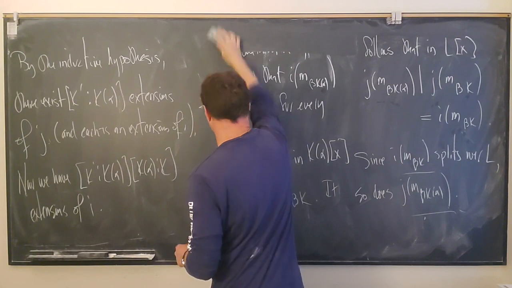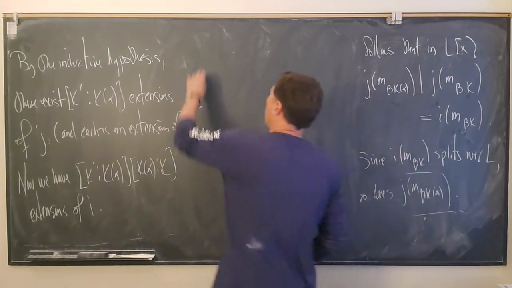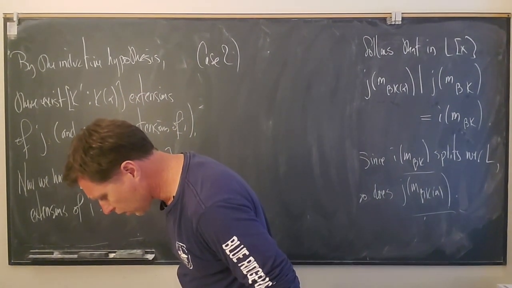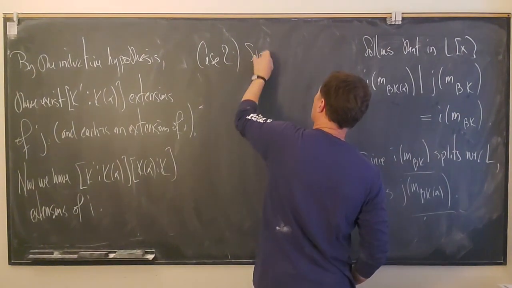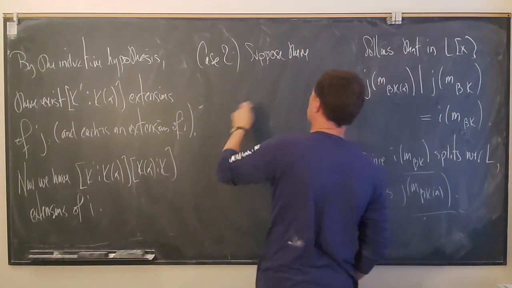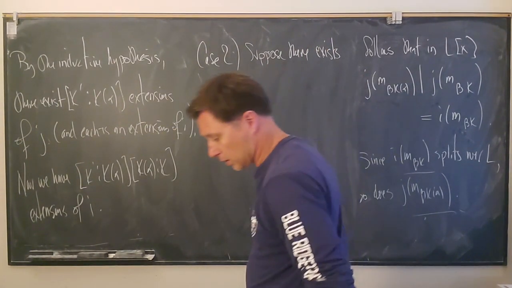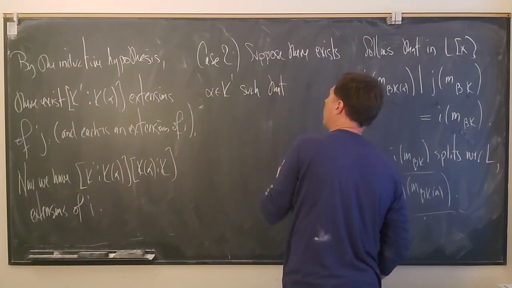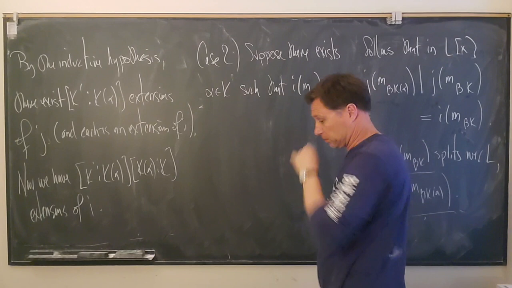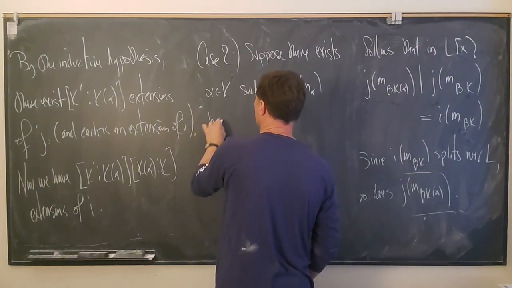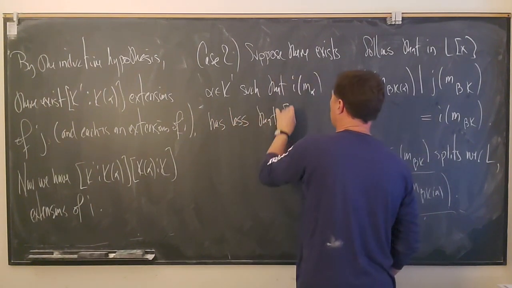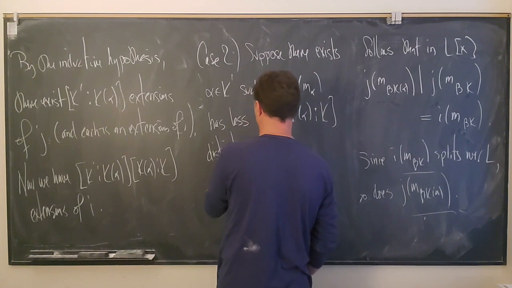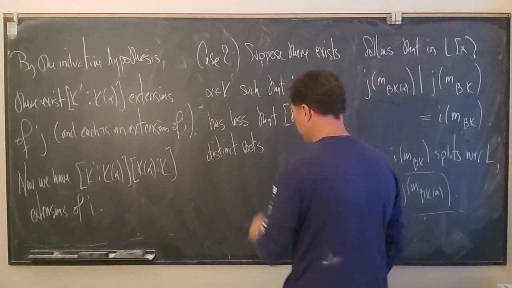Okay, so now in the second case, when things fail, so case 2, suppose there exists some alpha in k prime such that I of m alpha has less than degree of k adjoin alpha over k distinct roots, living in L, of course.